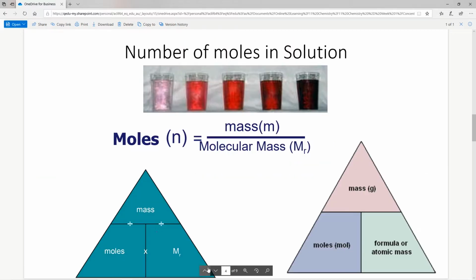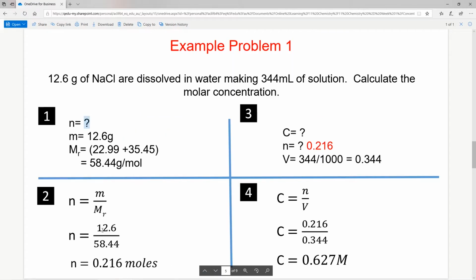So we go to our little triangle, we're trying to find moles. So we're going to do mass divided by molecular mass, which is down here. Mass divided by molecular mass. And that gives us the number of moles of that number of grams of that particular solution. Hopefully that makes sense.